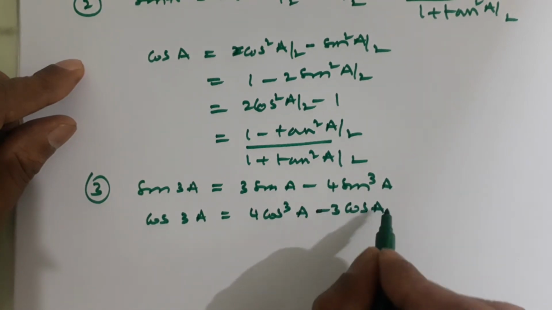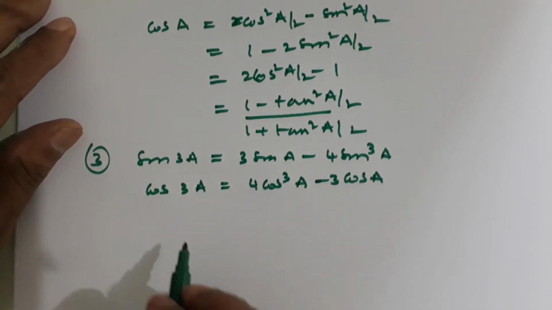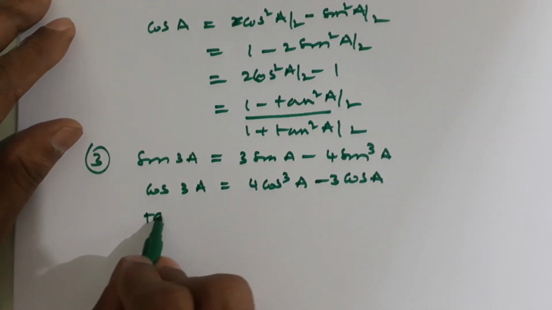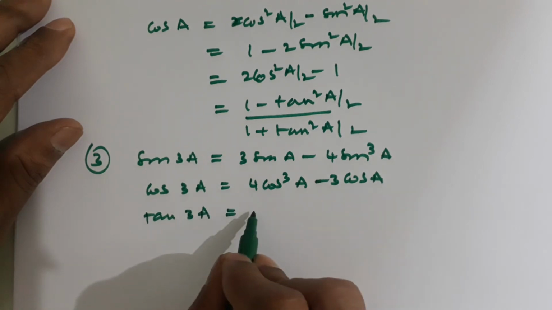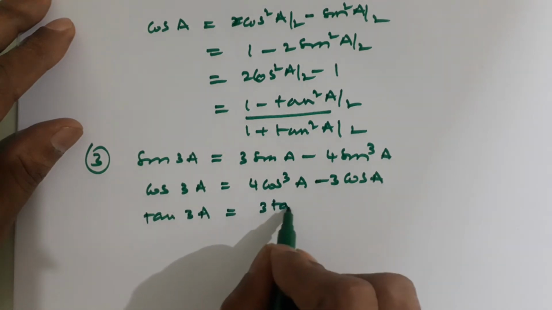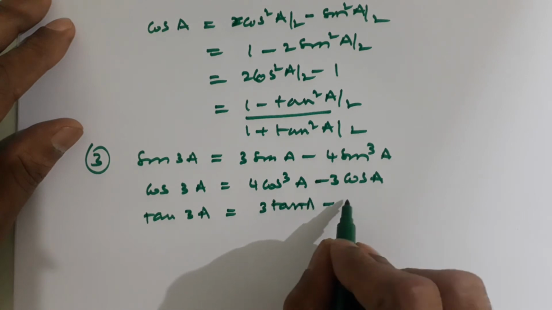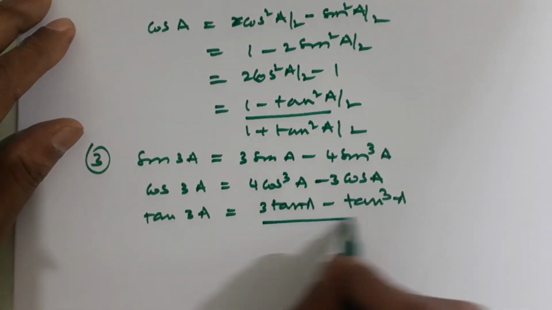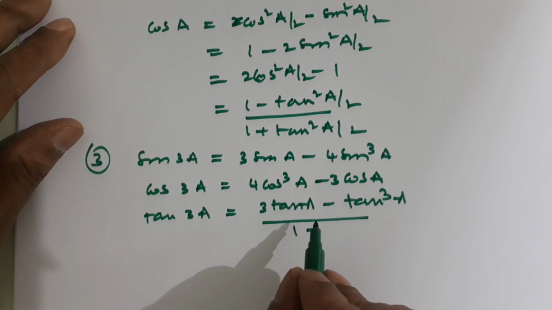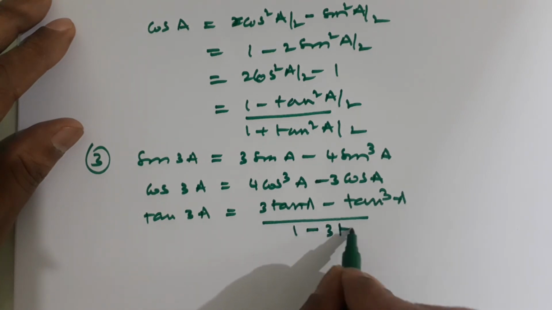For all these the derivations are also there. No need of now. Just what we have previously that we can recapitulate. Tan 3a is equal to 3 tan a minus tan cube a divided by 1 minus 3 tan square a.